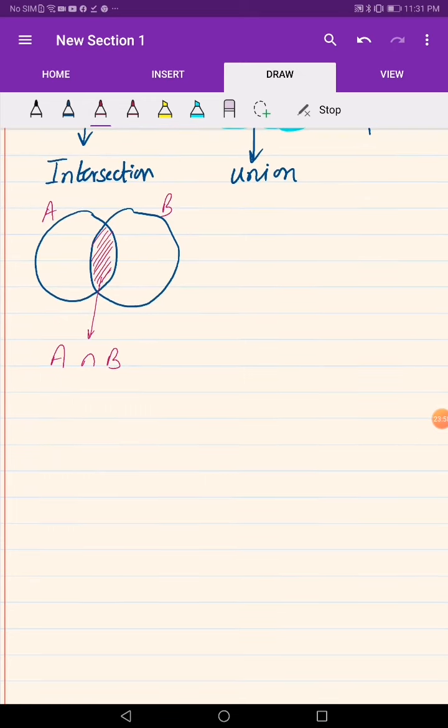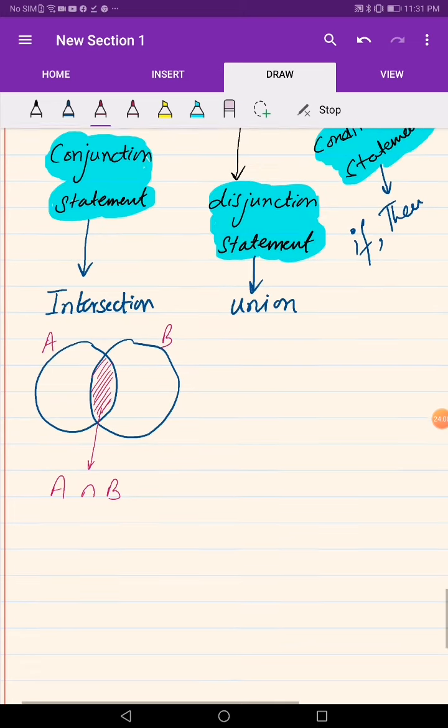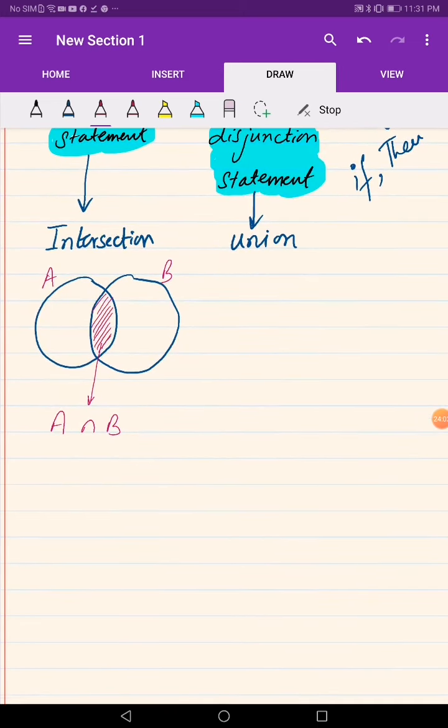So if this is statement A and this is statement B, how do we write the conjunctional statement? Guys, a new terminology and a new notation I'm going to write. I call A a statement P, B is a statement Q, and for intersection, guys, I will use this sign, and.